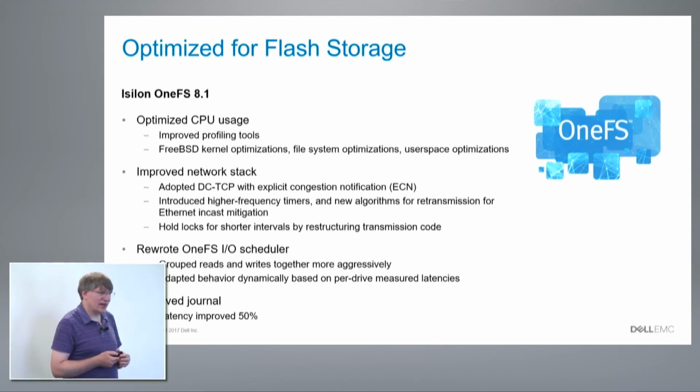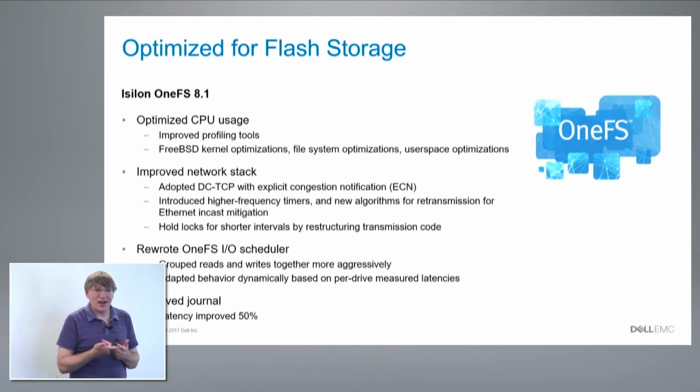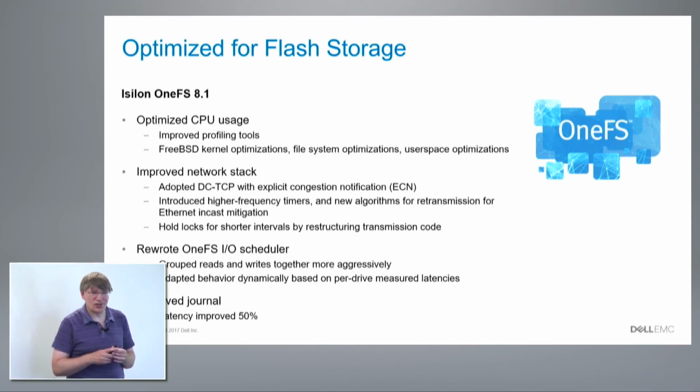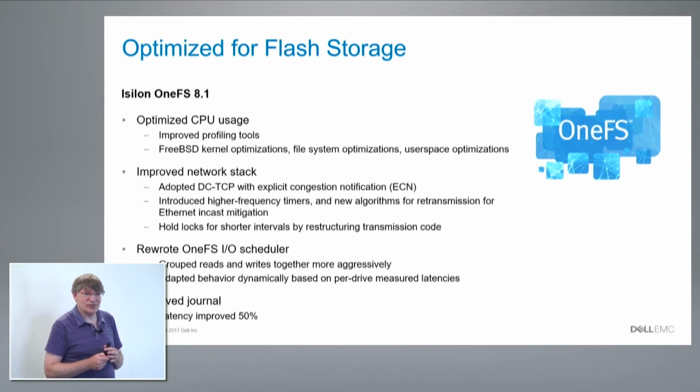We did a lot of work on our journal, again, because we're pushing data so quickly through it. We needed to improve the way that we do locking. We needed to reduce the overhead of deciding when stuff goes out of the journal. And we made a lot of internal changes to help the journal improve the lifetime of the SSDs. What we're doing there is a couple of things.